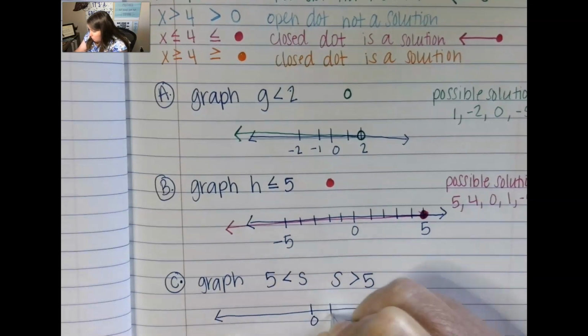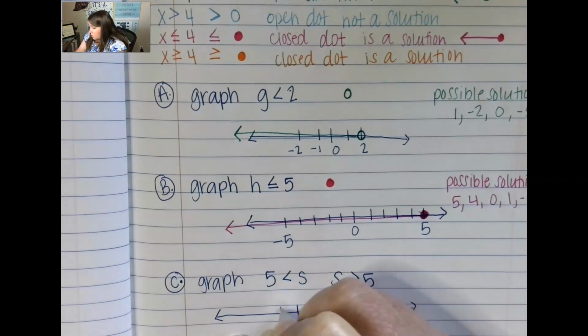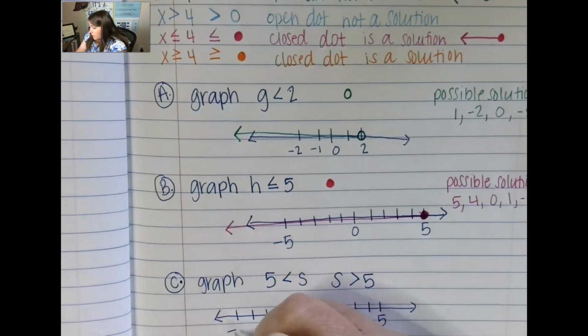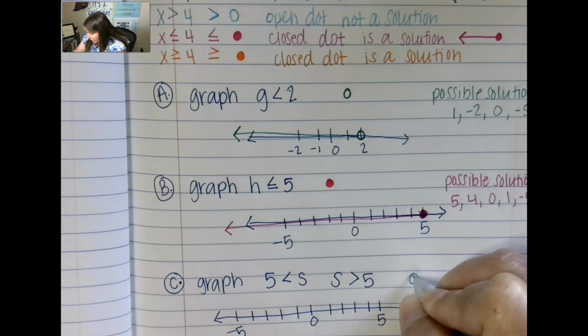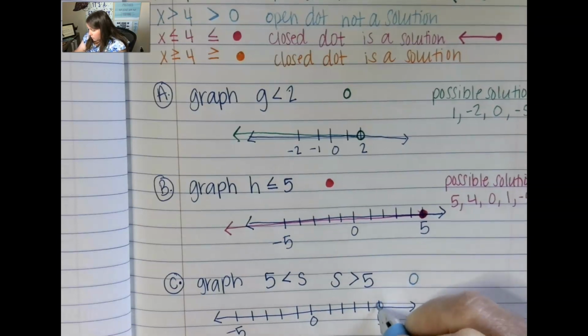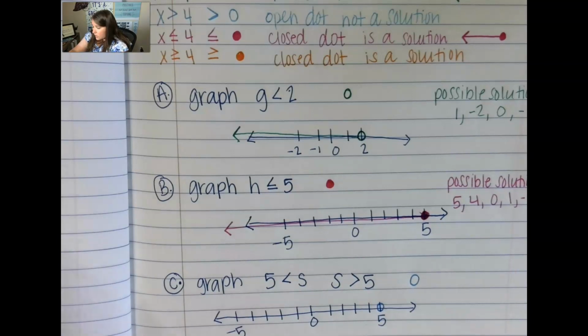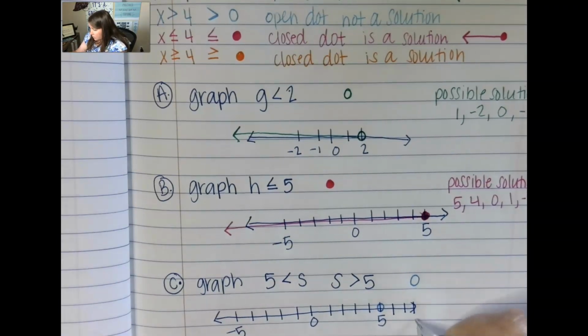So here's my 0, 1, 2, 3, 4, 5. 1, 2, 3, 4, -5. All right, so we're going to use an open dot, like we said, an open dot. And our arrow, here's my open dot, includes everything bigger. So I'm going to add some more numbers here.